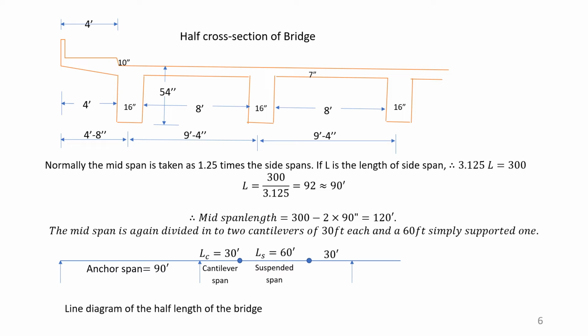If L is the length of the side span, then if we call the middle span 1.25 and the two side spans 1 and 1, we have to divide this 300 feet by 3.25, and from there we will get the L value. After a calculation, we got an odd number. Therefore, we have gone to a round figure of 90 feet.